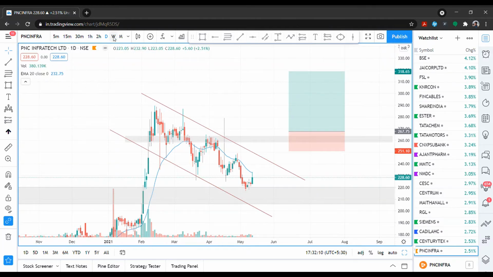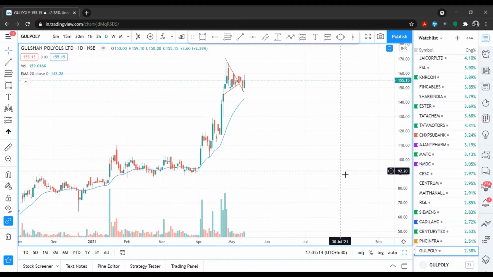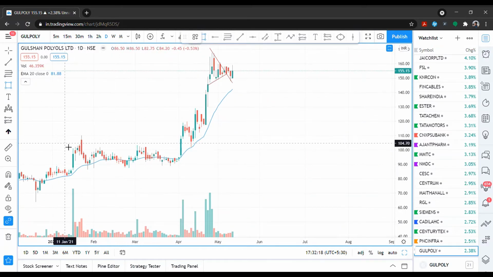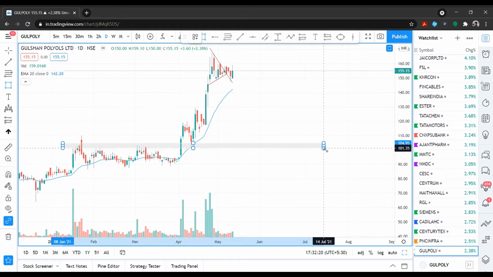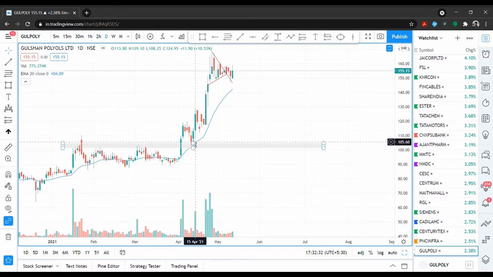Then again, if you see here the daily time frame of Gulshan Poly, this is a key level. Here the price was not able to close above these levels. Here also this red candle closed below here. This level was a key level, the price was not able to close below this level, and as soon as the price came here, boom, price went up.